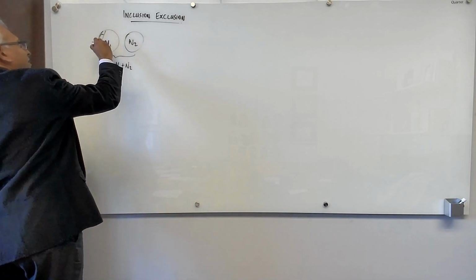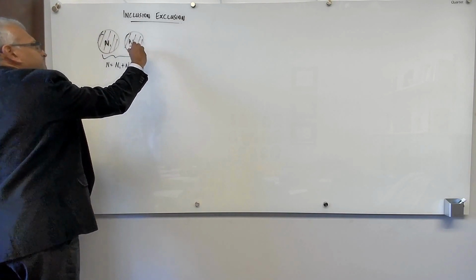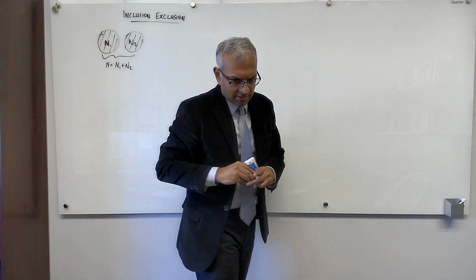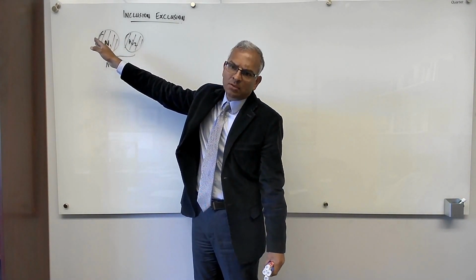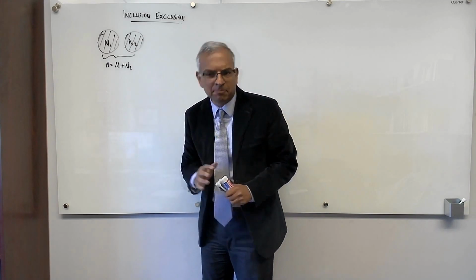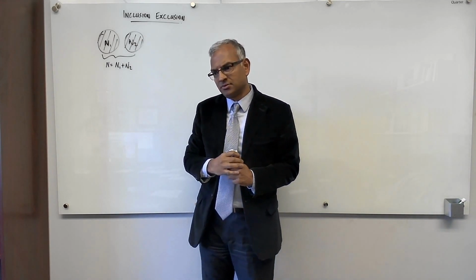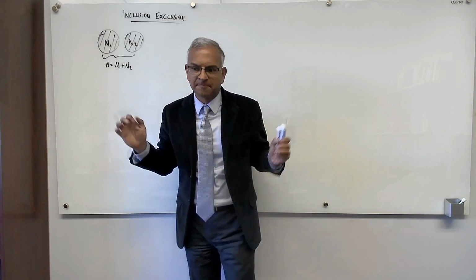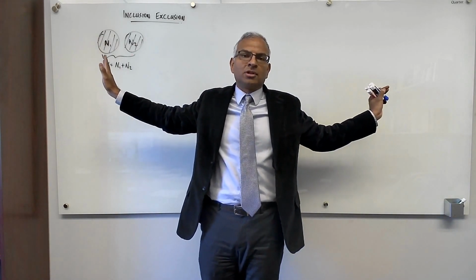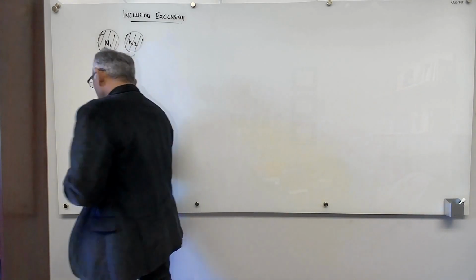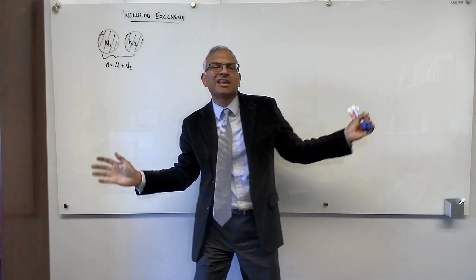Okay, and that relies on the fact that each object is either n1 or it's n2, but it cannot be both types. So it's sort of like you're one of those types. Then I can count up type 1, count up type 2, add them together, I get the total number of objects. Okay, the situation is different if the types can overlap.